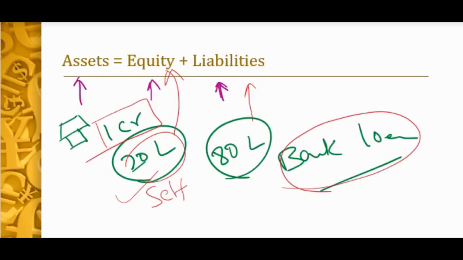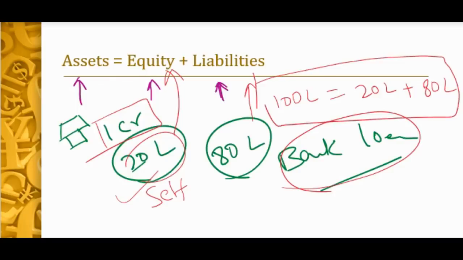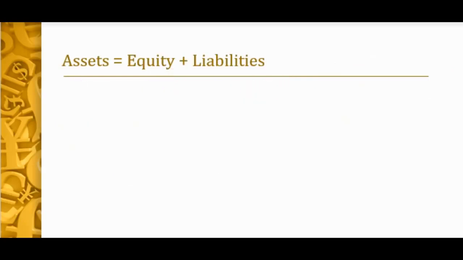So how will you show this? 100 lakhs equals 20 lakhs plus 80 lakhs. This is how you will show the balance sheet for this particular transaction. Now, if you want to know the equity, what is the formula?